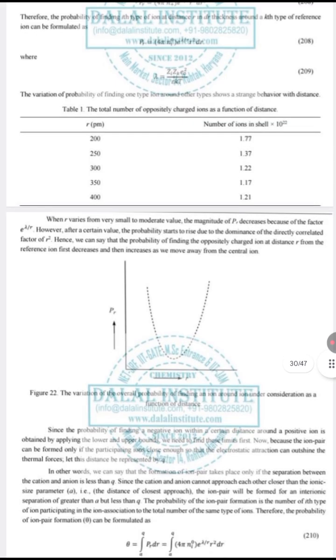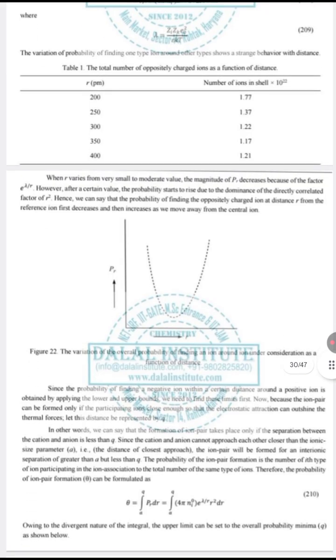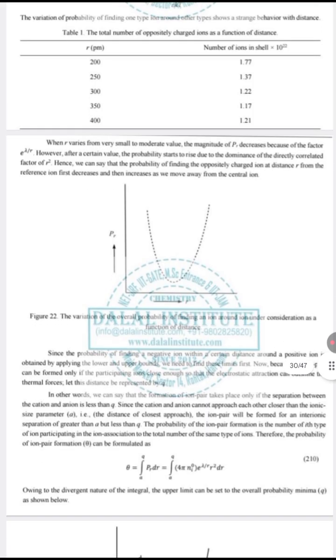Therefore, the probability of finding ith type of ion at a distance r in dr thickness around a kth type of reference ion can be formulated as Pr equals 4 pi n naught i into e to the power lambda by r into r square into dr, equation 208, where lambda equals zi into zk into e naught square divided by epsilon kT, equation 209.